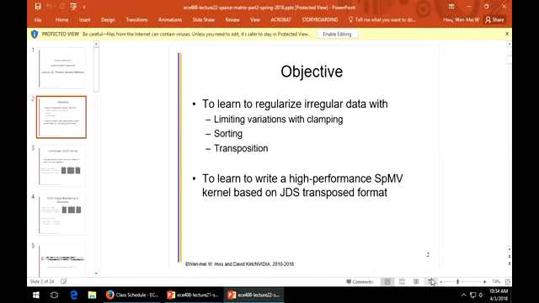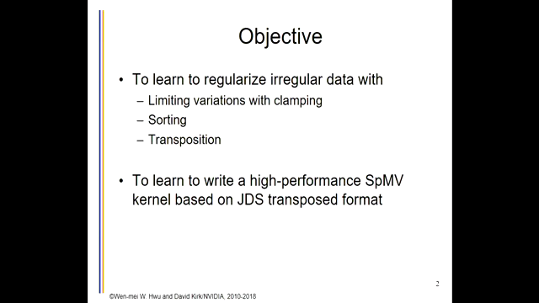Now we're going to continue to move forward a little bit, and hopefully we can hit JDS by the end of the lecture. For the second part, we're going to learn to regularize irregular data by limiting the variations with clamping, then sorting the data so that we can minimize the local variation, and doing the transposition to enable better memory coalescing.